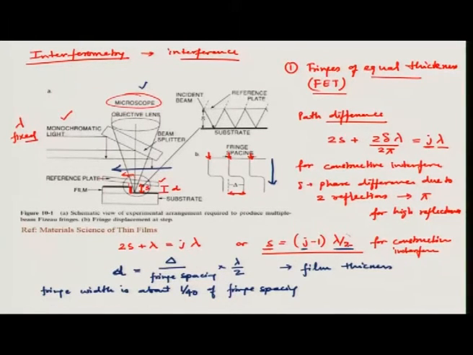Now, this delta can be measured about 1/5 of fringe width. So, from this you can calculate what would be the detection limit, how much smaller thin films you can observe. It turns out you can observe film thickness about 15 angstrom by this method.